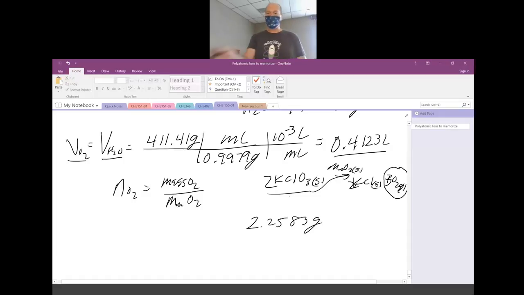Then we heated it, produced oxygen, displaced water, let it cool, and then we weighed it again, and it weighed 1.7003 grams.